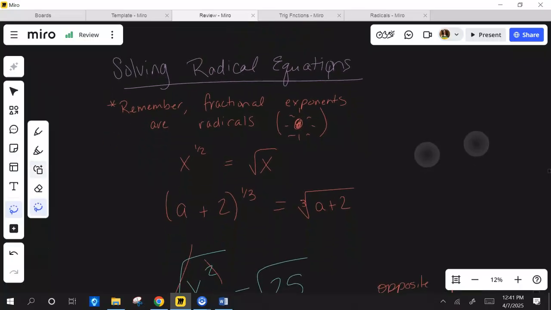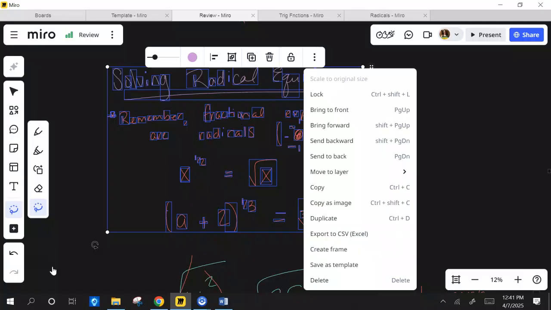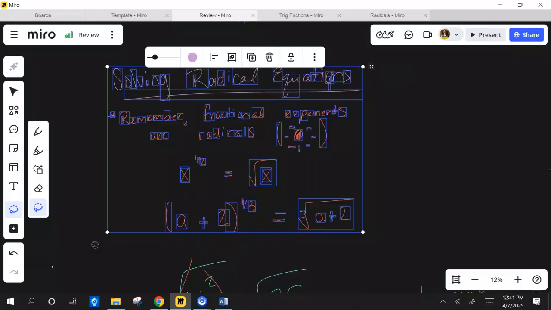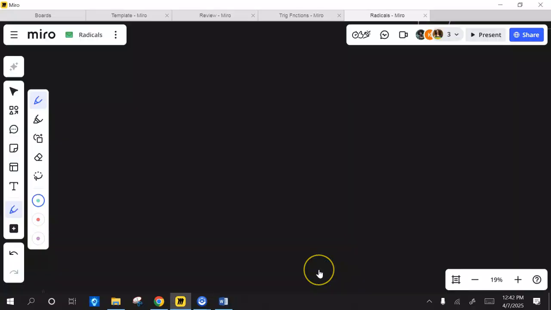I'm wondering if I can cut it. All right.